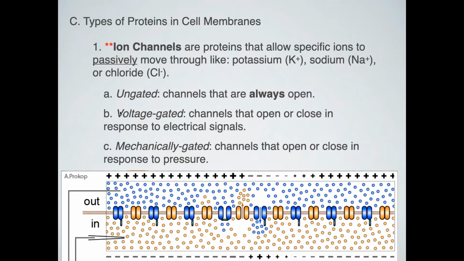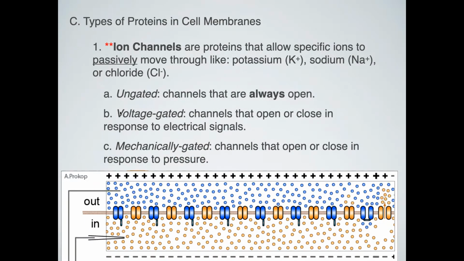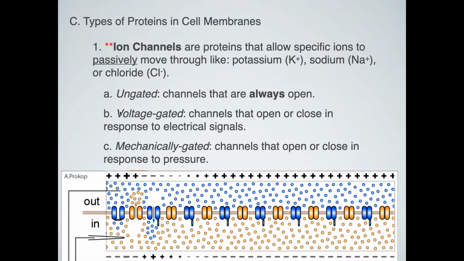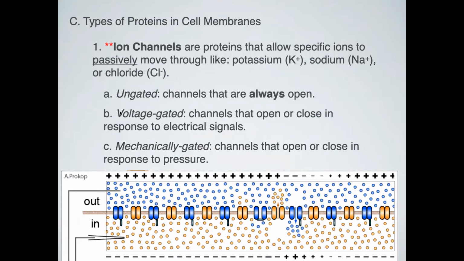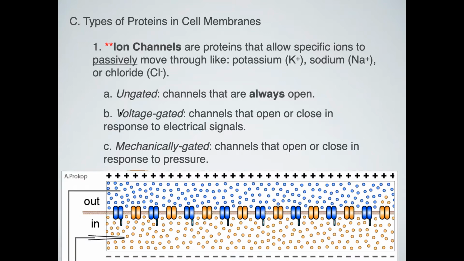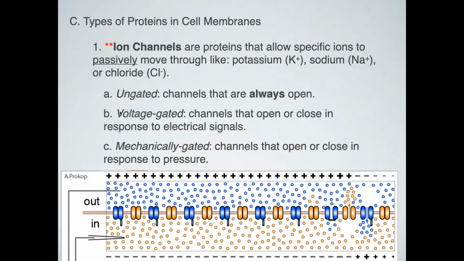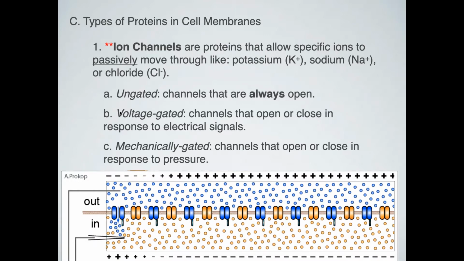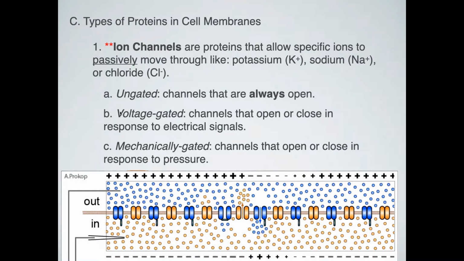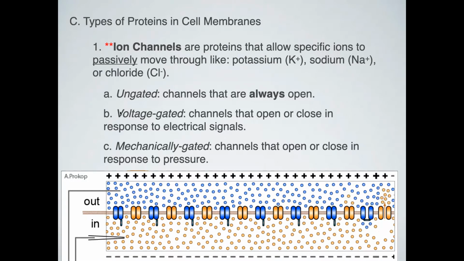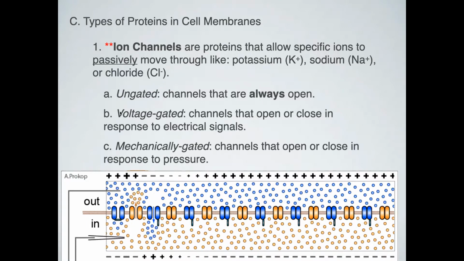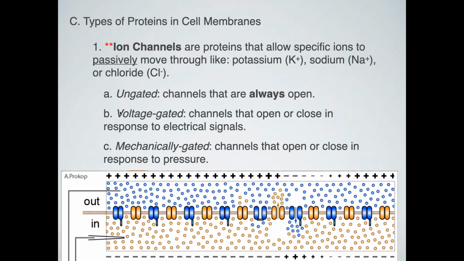Mechanically gated channels open or close in response to pressure. I like to think of ones that you would have probably heard of before, like the ones on our skin or in our organs, since those are more common than some weird example. So mechanically gated ion channels open and close in response to pressure.